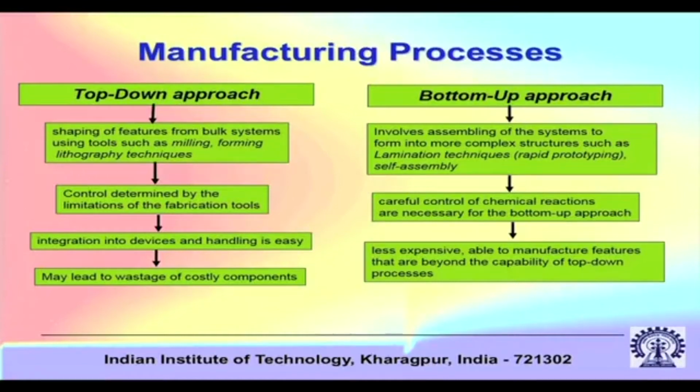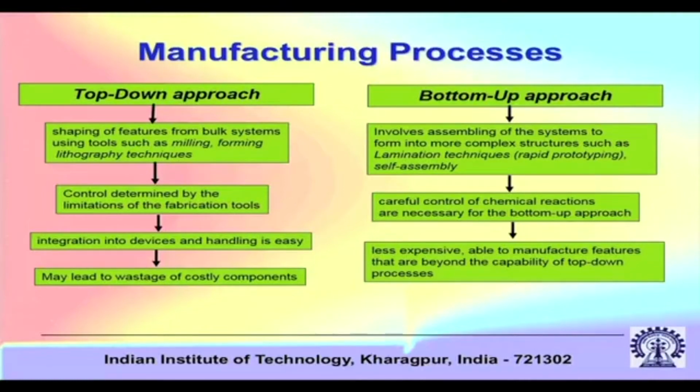Basically you have a system of larger size than the final product, and then you shape off some parts from the system to get your final product. The control is determined by the limitations of the fabrication tools, but integration into devices and handling is easy, though it may lead to wastage of costly components.